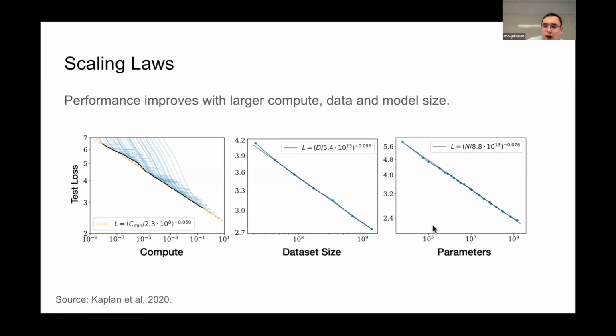In this kind of plot, the x-axis are parameters, size, and compute in the log scale, and you see a linear line in the log scale figure. So this is called the scaling law, which means as you keep increasing your model, your data, and your compute, you get better and better performance.